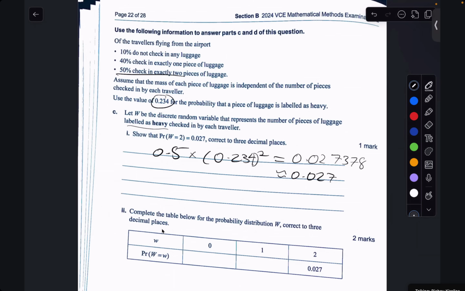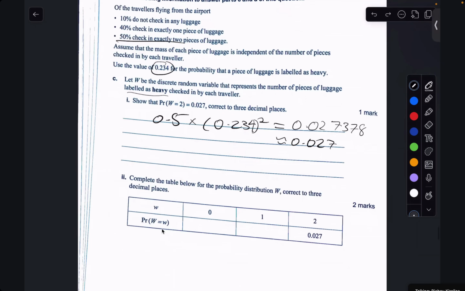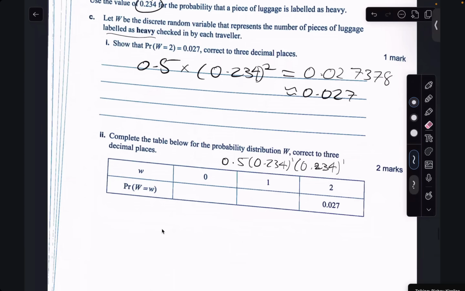Ah, okay, and then the rest need to be not heavy. So that could be actually 0.5 times 0.234 to the power of 1, meaning that one would be heavy, and then the other one is not. No, sorry, 1 minus 0.234.